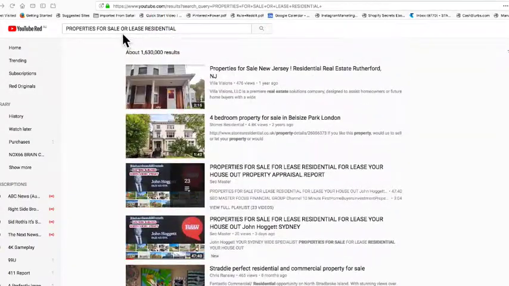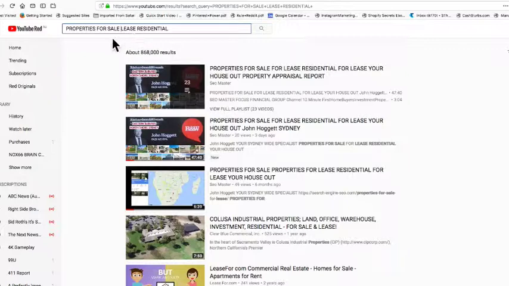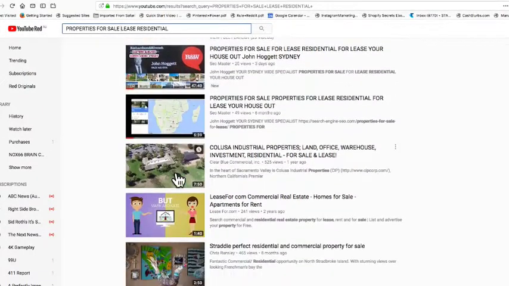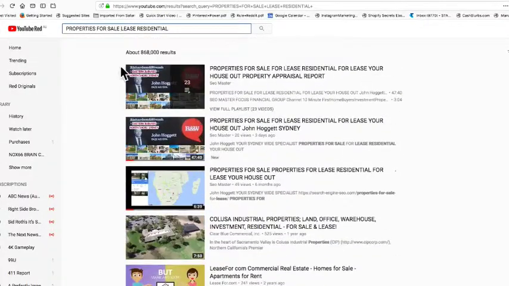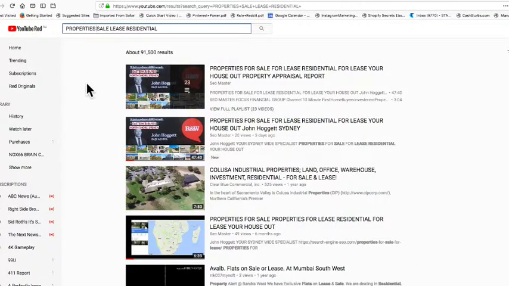Now before we do anything else, let's have a look at some other options. Let's see what happens here. 868,000 results for properties for sale, lease, residential. 1, 2, 3. Let's try properties, sale, lease, residential, without the rental or anything.